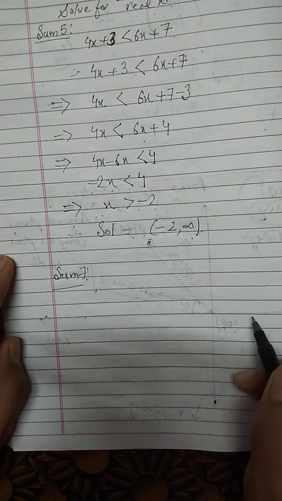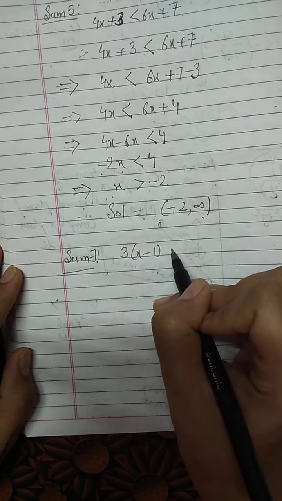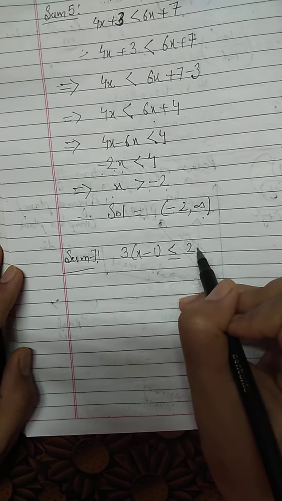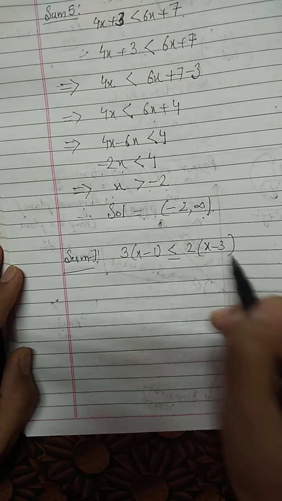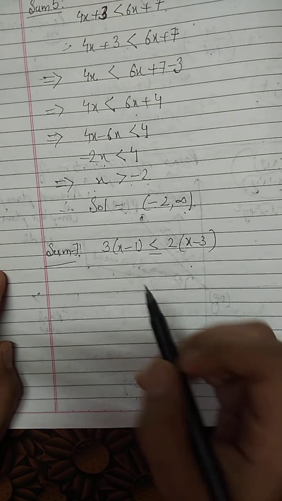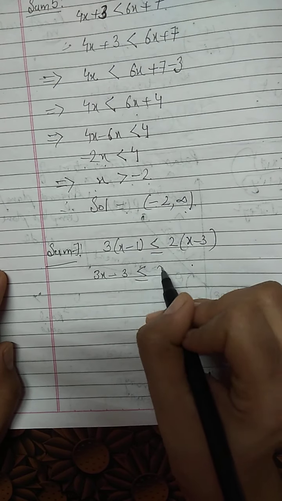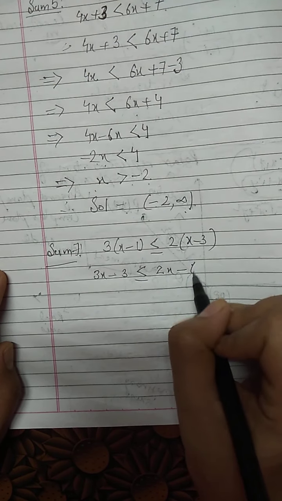Sum number 7 is we have to solve 3 times x minus 1 less than or equal to twice of x minus 3. So first of all, we can simplify both sides of the inequality. It will be 3x minus 3 less than or equal to 2x minus 6.